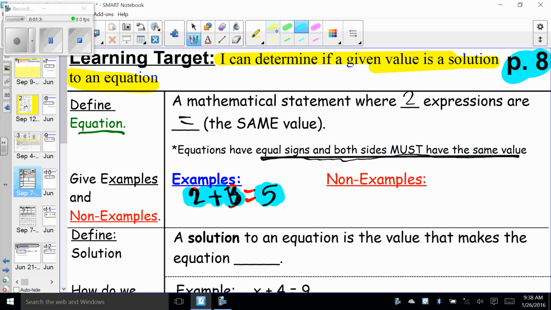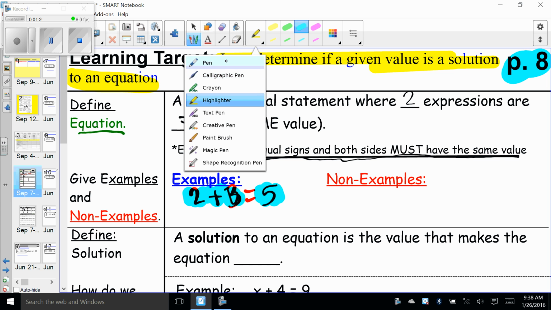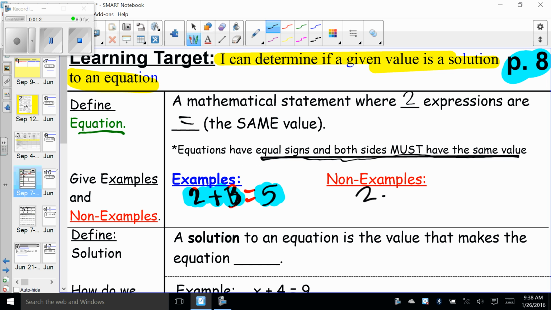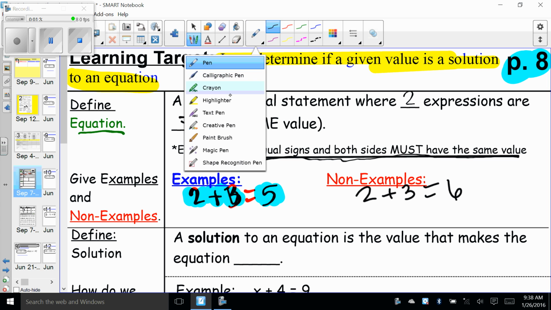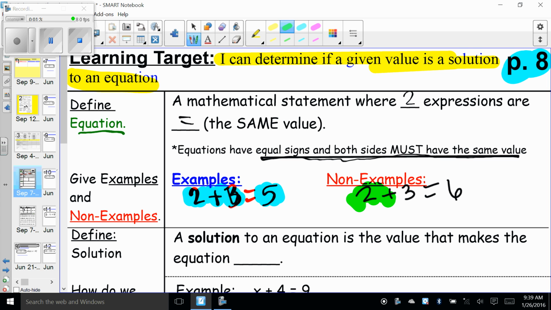Yes, that's an equation. So what's something that's not an equation? Well, we could say 2 plus 3 equals 6. Is it true that the left side equals the right side 6? No, that's not true. So that's not an equation. That's not equal. So that's an example of an equation and a non-example of an equation.